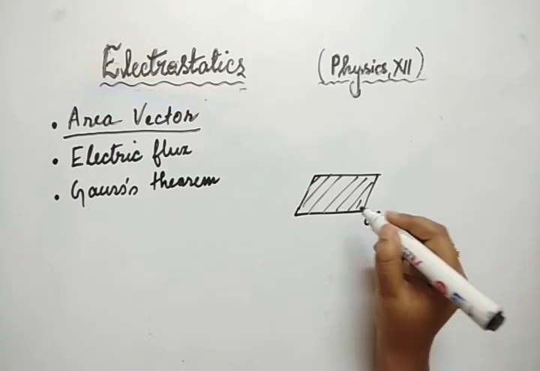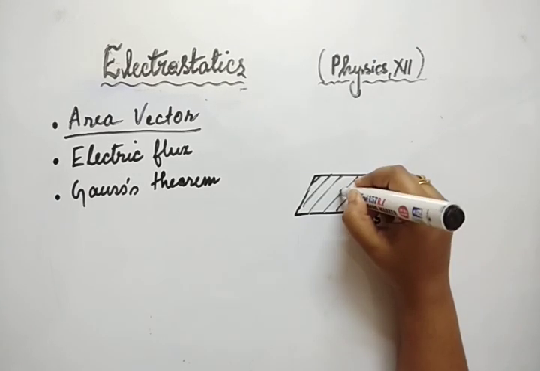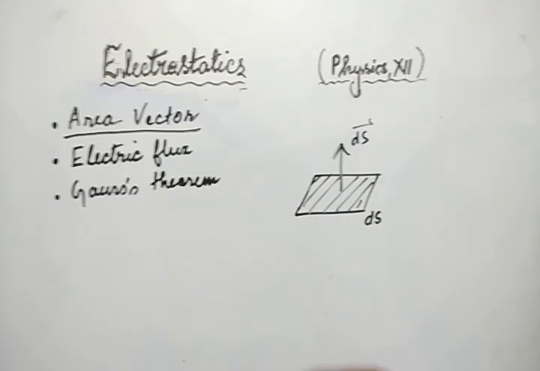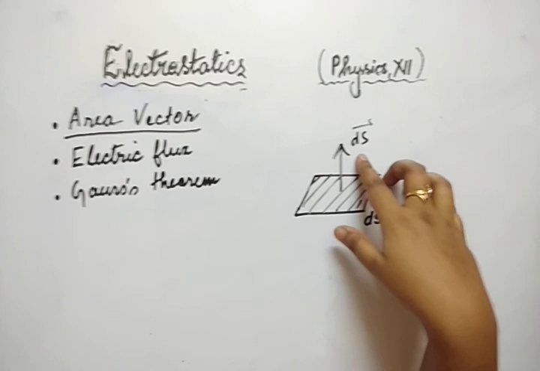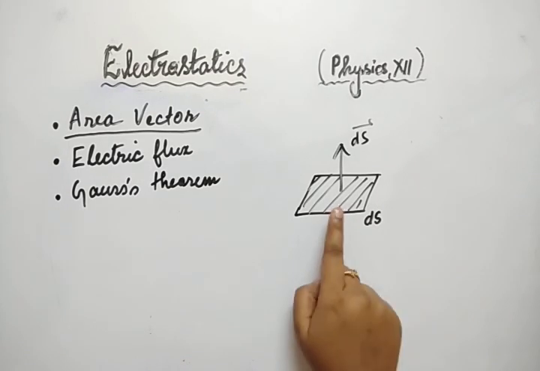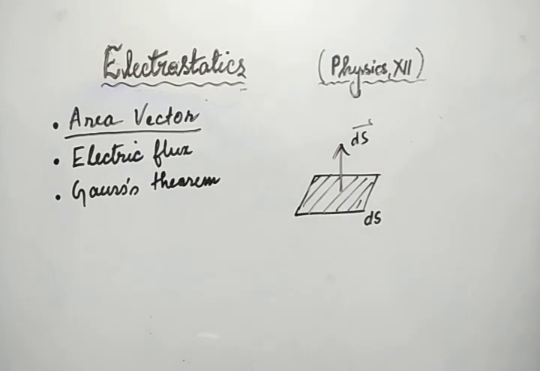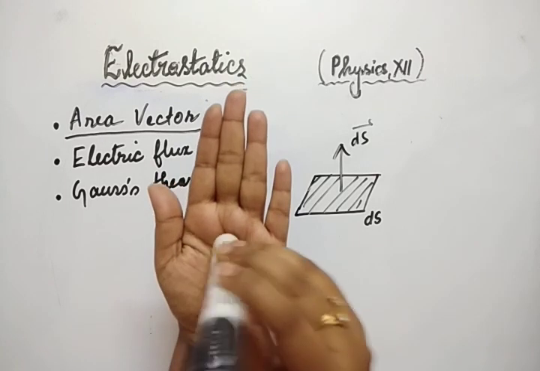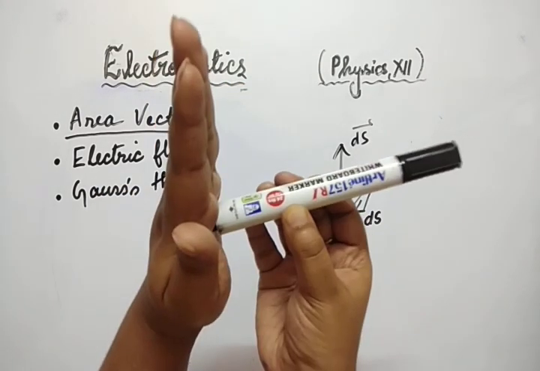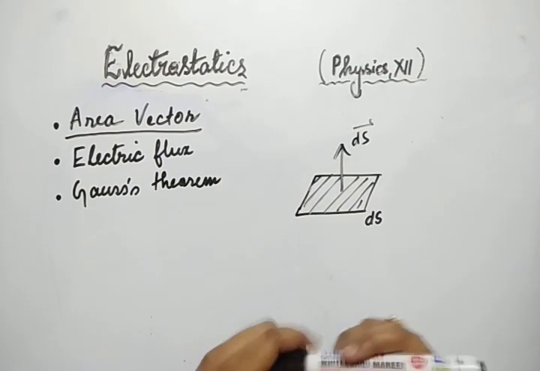Then its area vector will be along this direction. This is known as the area vector. Now this vector is always along the outward normal. If this is your plane, it will be in the perpendicular direction, along the outward normal to the plane.